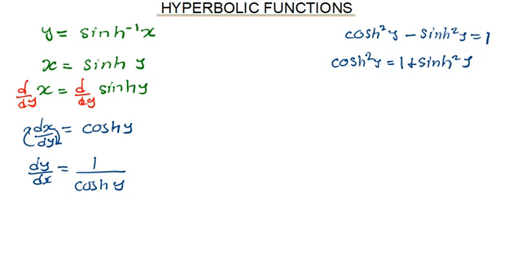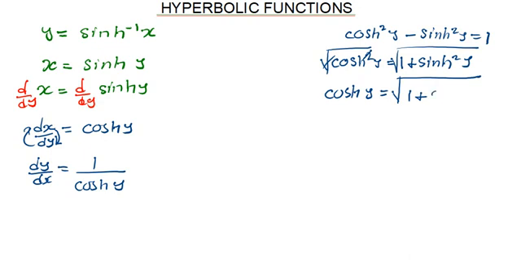So we need to take the square root of both sides. We're going to have hyperbolic cosine of y equal to the square root of 1 plus hyperbolic sine squared of y. Before I even replace that into the dy dx equation, I would love to simplify it at this stage.